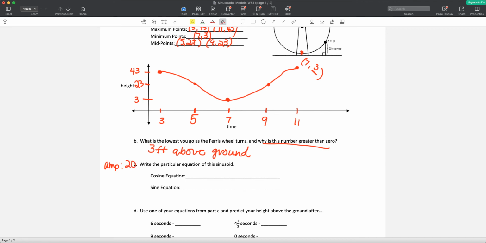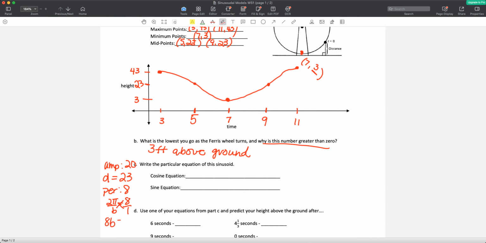We need to talk about the vertical shift, or the middle of the graph, is up at 23. So we're going to have a plus 23 on the end of our graphs. To find the b value, we need to know the period. Well, we've already talked about the period is 8 seconds. So I'm going to take 2 pi over b, set it equal to 8 over 1, and do some cross multiplying.